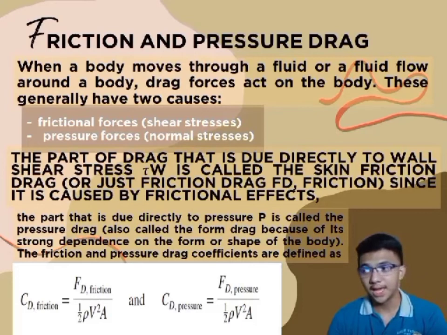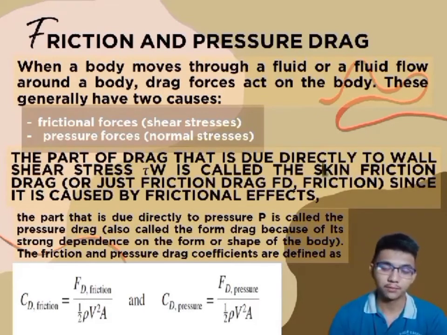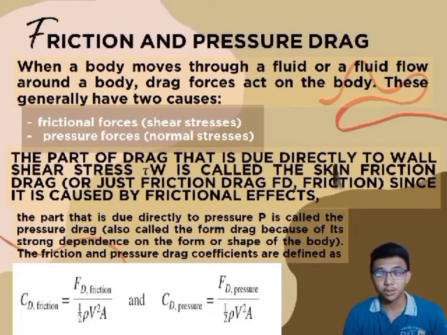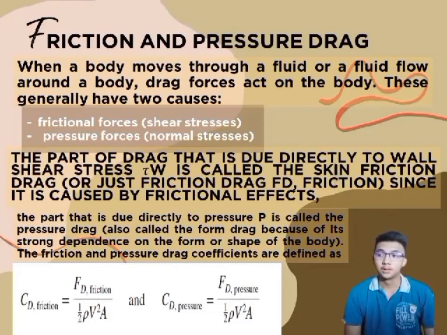These generally have two causes: shear stress, which gives the frictional forces, or normal stresses, which give the pressure forces. The part of the drag that is due directly to wall shear stress is called skin friction drag, or just friction drag, since it is caused by frictional effects.